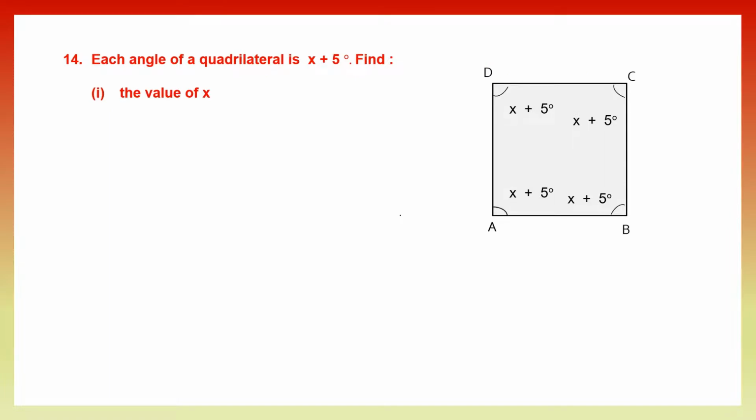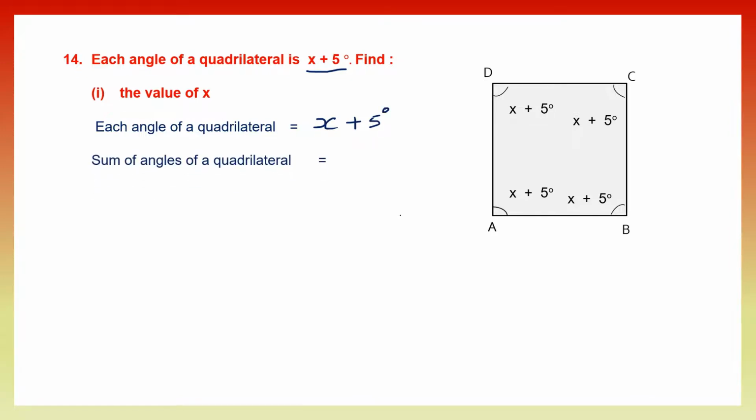Question 14. Each angle of a quadrilateral is given as x plus 5. Now we need to find the value of x. So let's begin. Each angle of a quadrilateral is given as x plus 5 degrees. Now we know that the sum of angles of a quadrilateral is equal to 360 degrees.